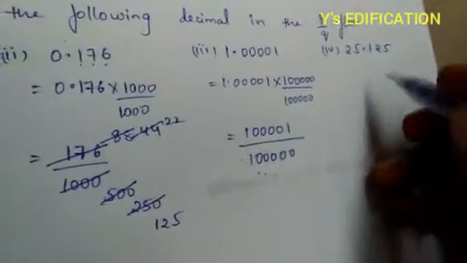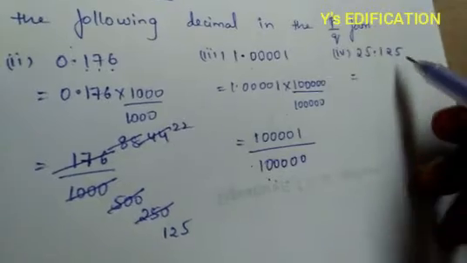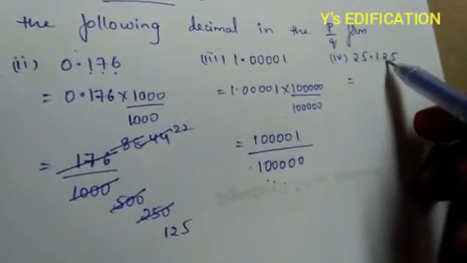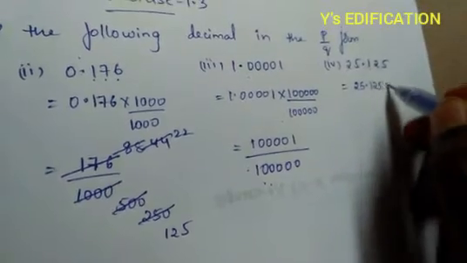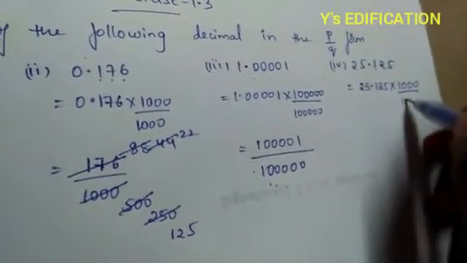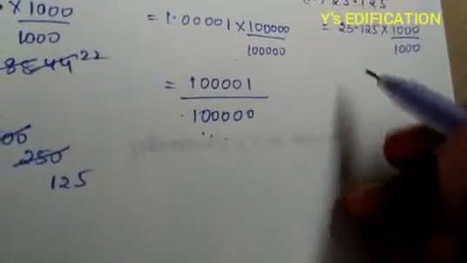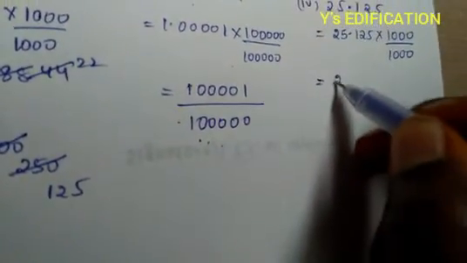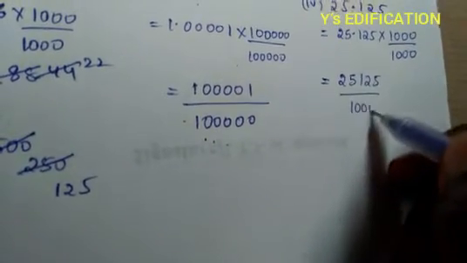Let's see one more example, 25.125. After the decimal point, 3 digits are there, so we have to multiply and divide with 1000. So 25125 by 1000.